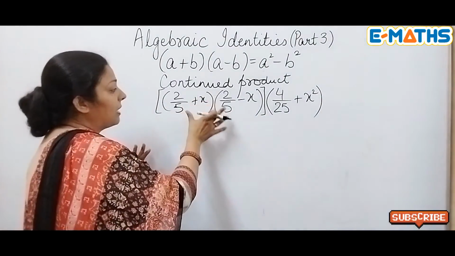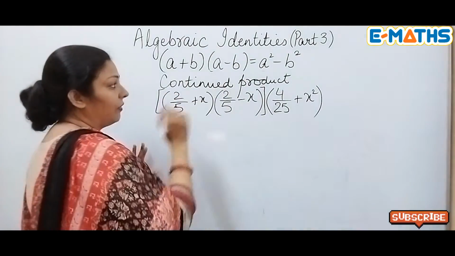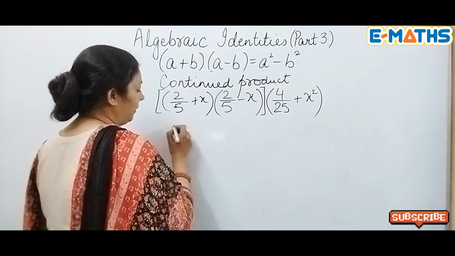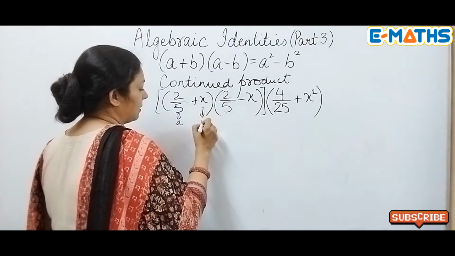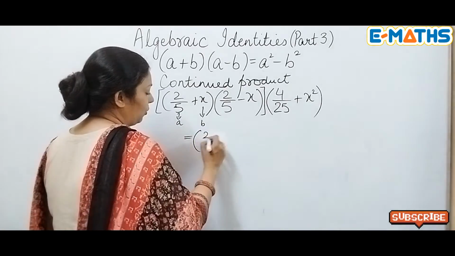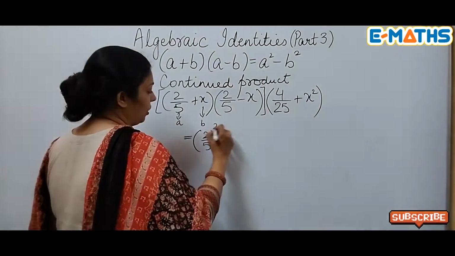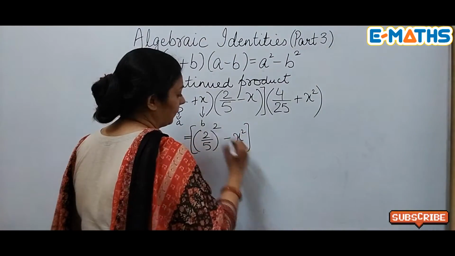So again, you can match this identity and find your answer the way the RHS is written. With that, we have this is a, this is b. So a is 2 by 5, so you will have 2 by 5 whole square, I'll put this in the bracket only, minus x square.